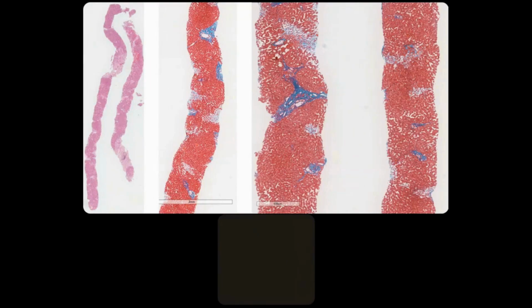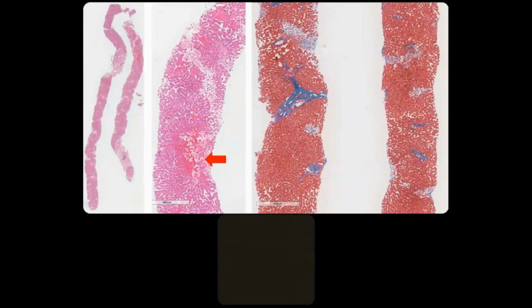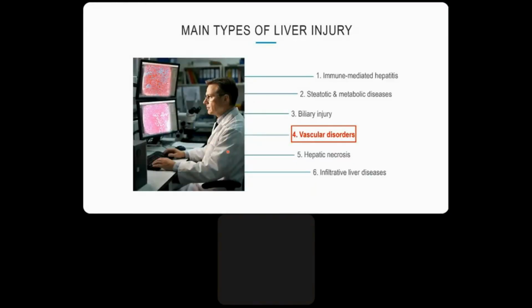On the trichrome stain, you can see that the liver is not cirrhotic. There is mild fibrosis, but there's no evidence of cirrhosis. And on higher magnification, you can see that there's marked sinusoidal dilatation and congestion with hepatocyte atrophy, as highlighted by this red arrow.